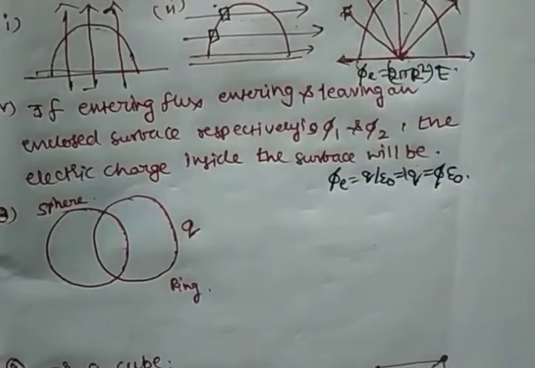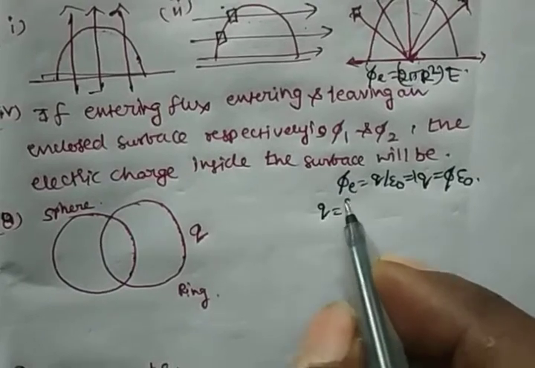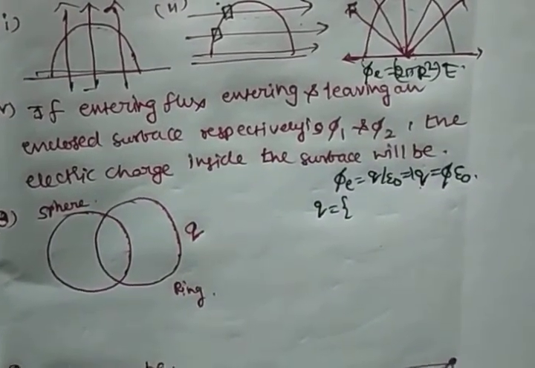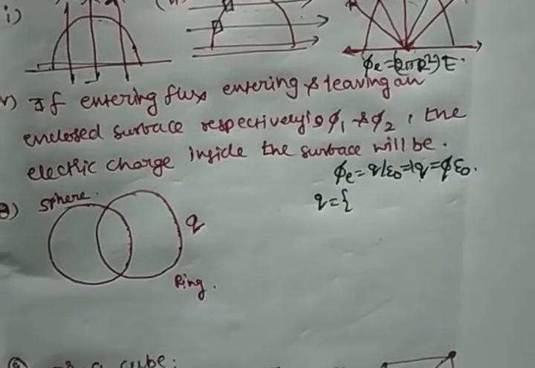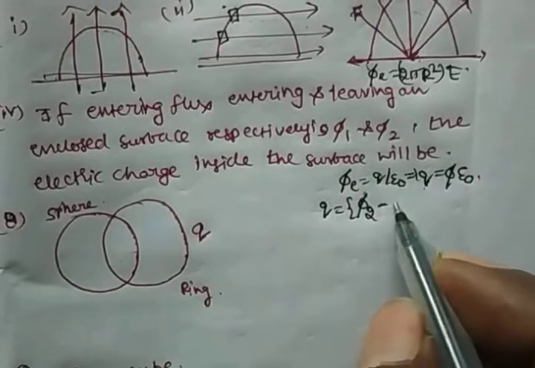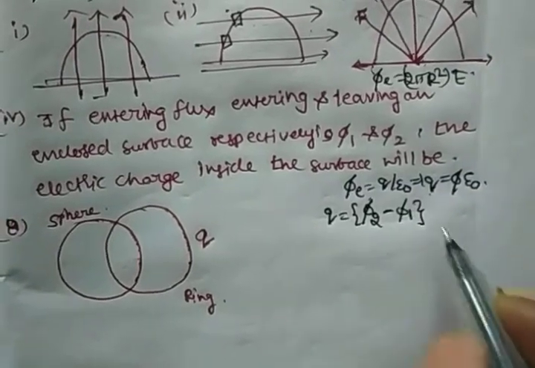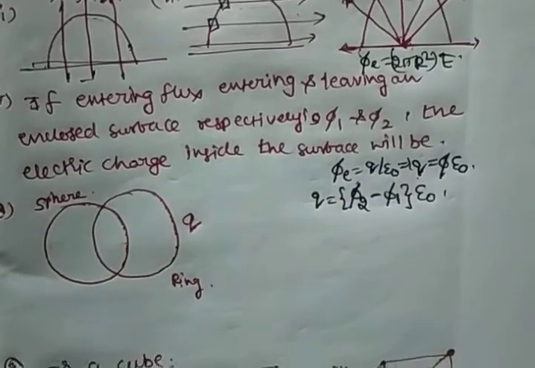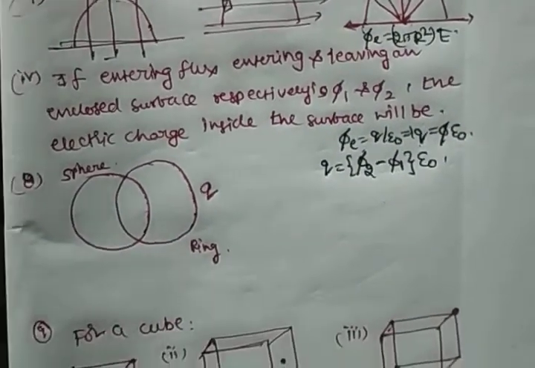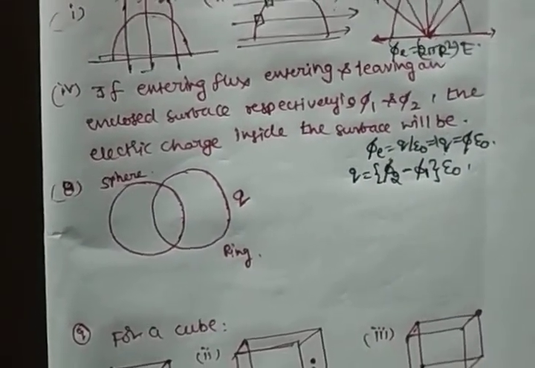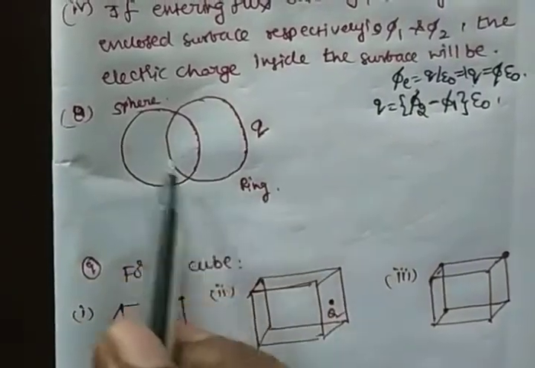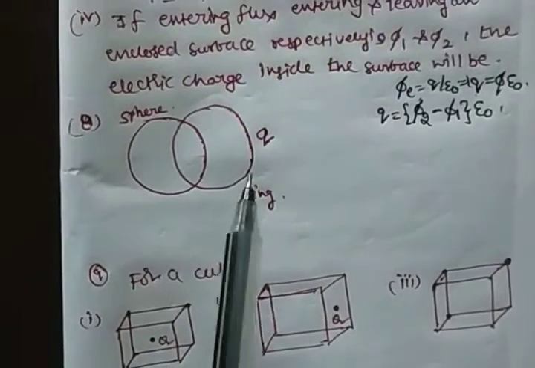Instead of phi you can write: entering means negative, leaving means positive. So phi 2 is positive, phi 1 is negative, so you can write q equal to phi 2 minus phi 1 times epsilon naught.